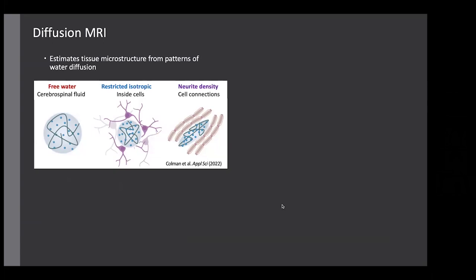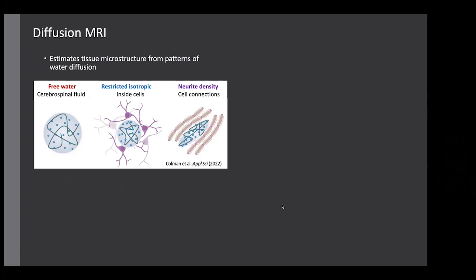If we have water molecules inside of a cell, they're going to be very restricted in their movement, and they're not going to move very fast, but they're still going to move in all directions, just not very far. Similarly, if the water molecules are in a cell, but in kind of long processes like axons or dendrites, they're not going to move very much, but if they do move, they're going to move along that principal direction of the axon or the dendrite.